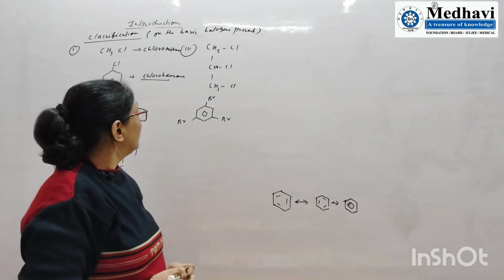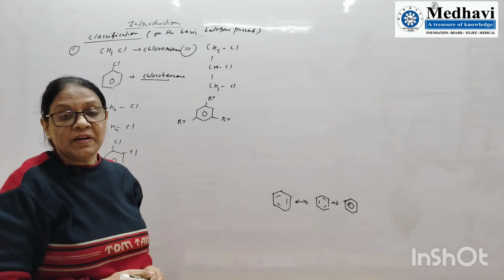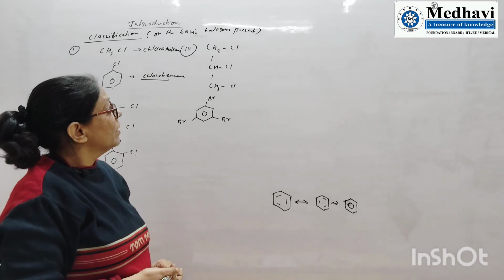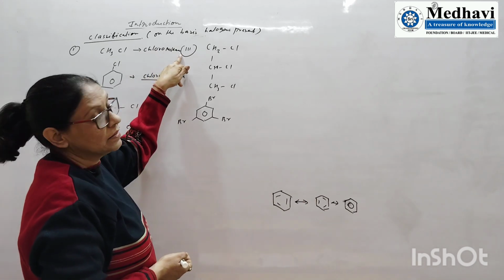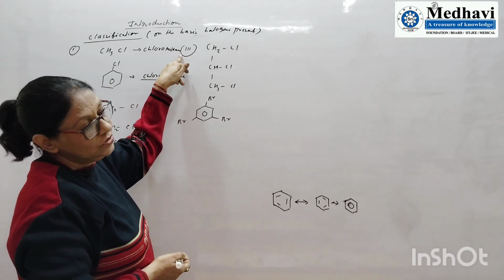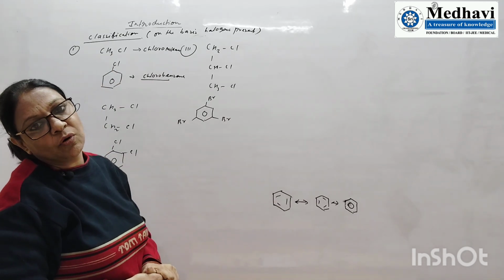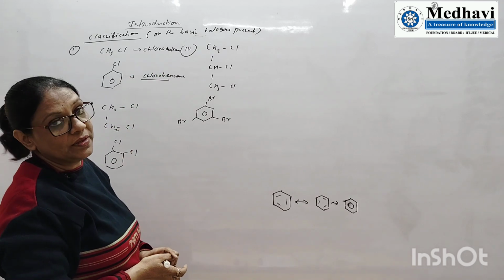So halogen groups are always used as a prefix group. When we write its IUPAC name, this halo group comes first and then the hydrocarbon comes later. So don't get confused. Commonly we can say it methyl chloride, but its IUPAC name is chloromethane.